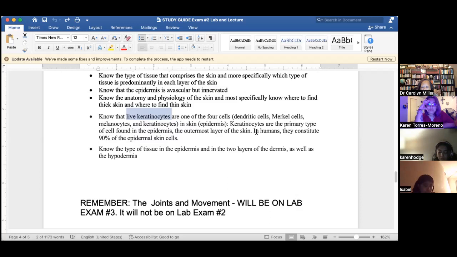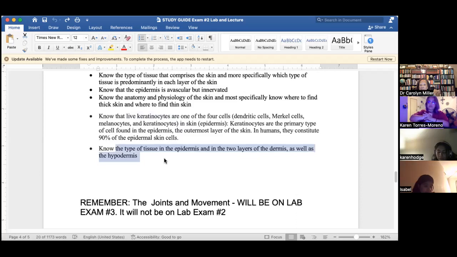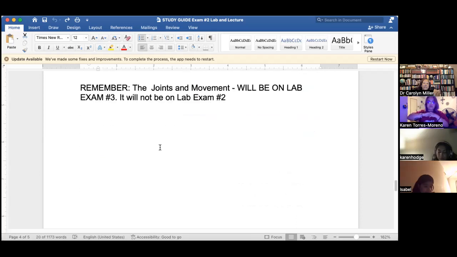I think in humans, they constitute 90% of the epidermal cells. So knowing that the top 2 are dead should help. And knowing that if something forms, it's got to first start in the top layer. Know the type of tissue in the epidermis and in the 2 layers of the dermis as well as the hypodermis. We just did that.